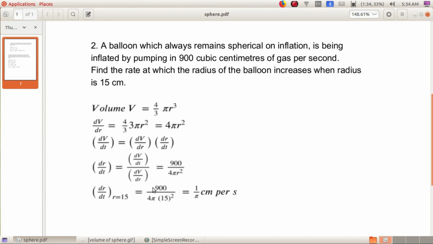So 900 divided by dV by dr, which is 4 pi r square. Now when r is 15, we get 15 square. So cancelling, 900 divided by 4 into 15 square is 900, so 1 by pi centimeter per second.